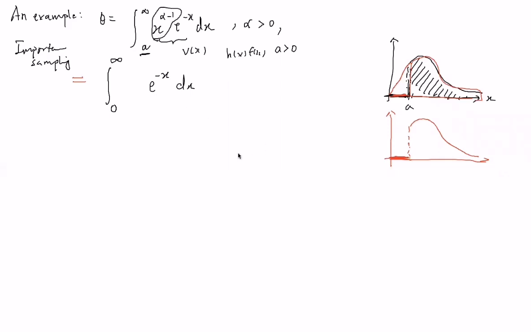So this part here is your f(x), and you want to write your h(x) as x to the power of alpha minus 1 multiplied by the indicator function x greater than a.